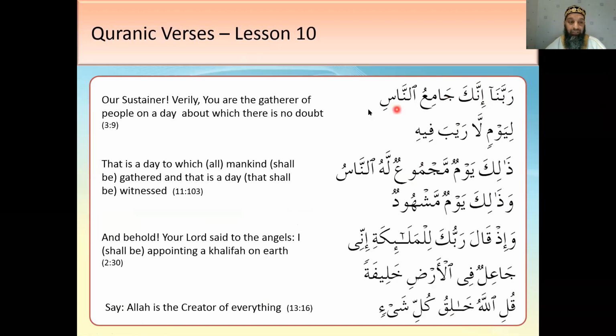Jami'un nasi. Look, we're doing jami'un. Remember, jama'a means to gather. Jami'un is gatherer, the one who gathers. So, Rabbana, our Lord, innaka, indeed you, jami'un nasi, you are the one who gathers mankind, gatherer of mankind.